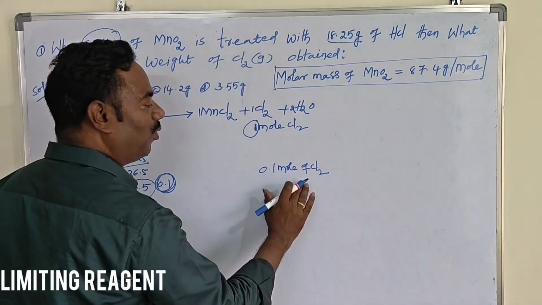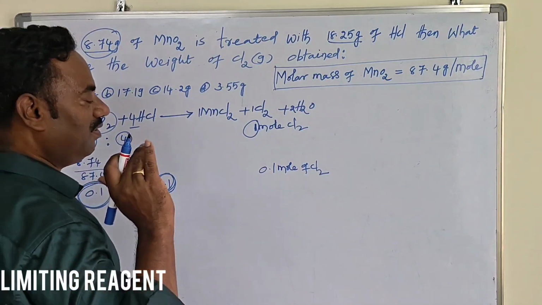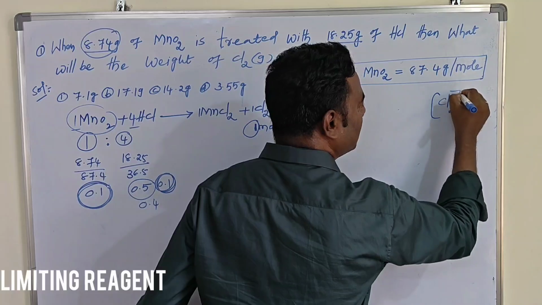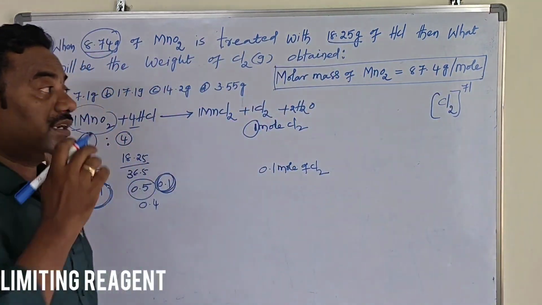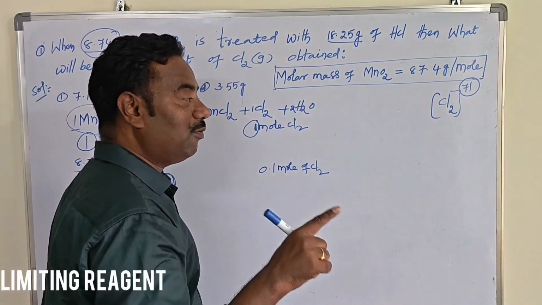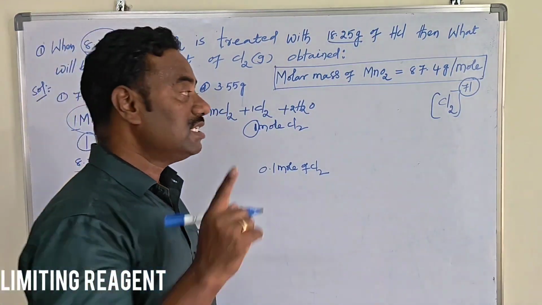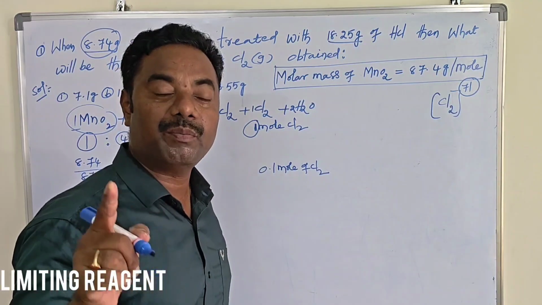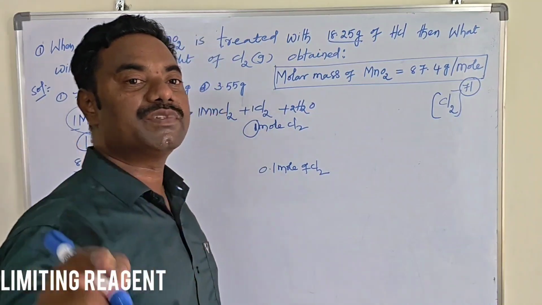This 0.1 mole we need to convert into weight. Here the Cl2 mass is 71 AMU, which equals 1 molecule of Cl2. 71 grams of Cl2 equals Avogadro number of Cl2 molecules, that is equal to 1 mole of Cl2.